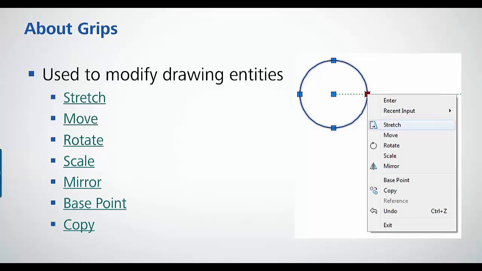You actually have the functionality available to you just by using the space bar or by using a right mouse click context menu. And as you can see in this picture here, those are some of the common commands for all grips that are available to you.